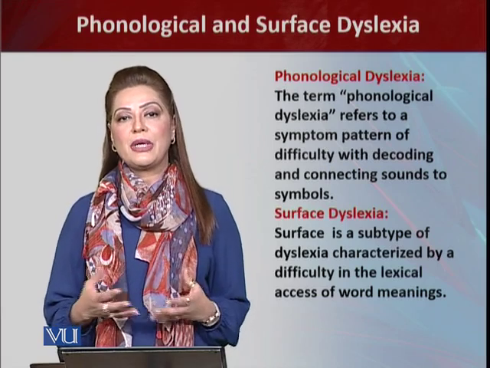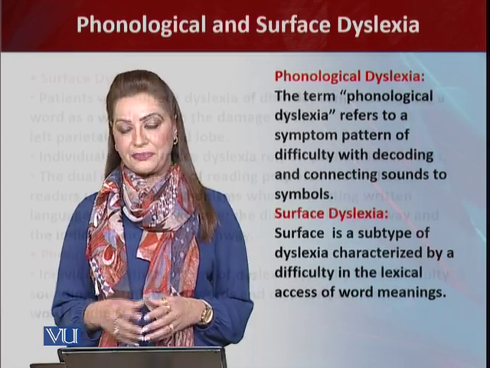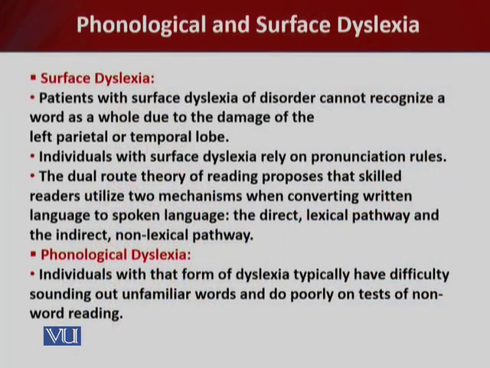So now we will look at these two types of dyslexia in detail. First, look at surface dyslexia. Patients with surface dyslexia cannot recognize a word as a whole due to damage of the left parietal or temporal lobe.